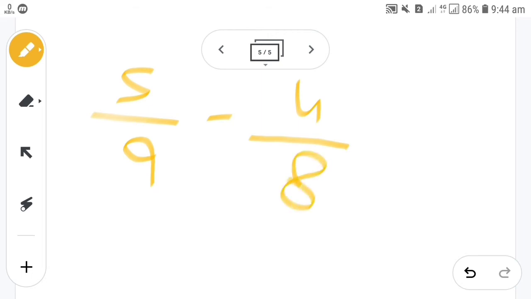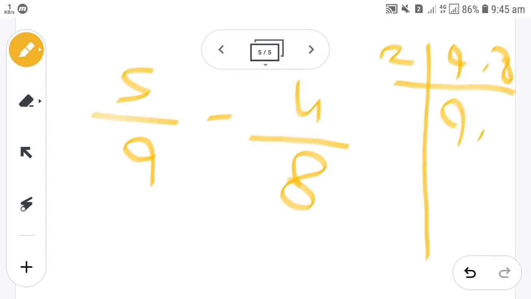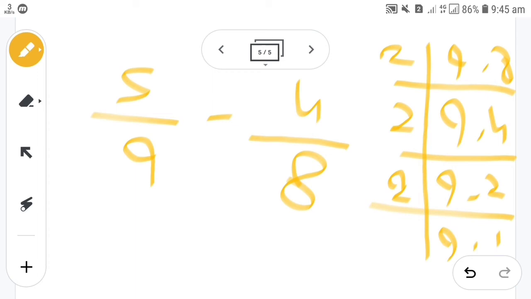To subtract these unlike fractions, we have to find their LCM, and we find LCM divided by 2, 9 as it is, 4, again 2, 9 as it is, 2, again 2, 9 as it is, 1, divided by 3, 3 and 1, and now again divided by 3 into 1, 1.